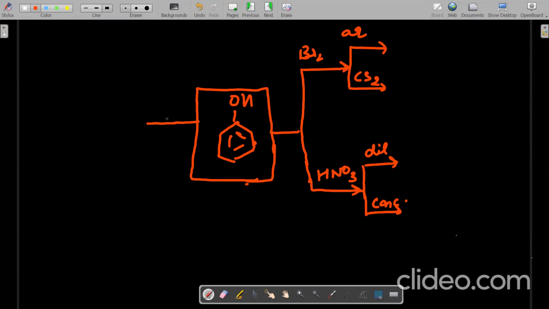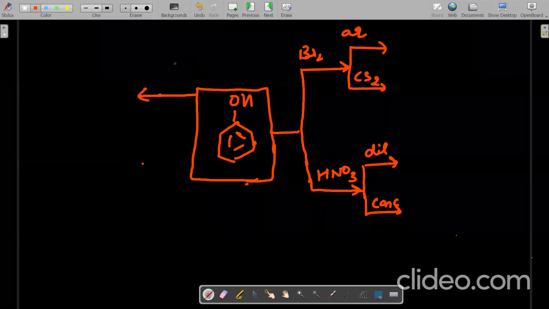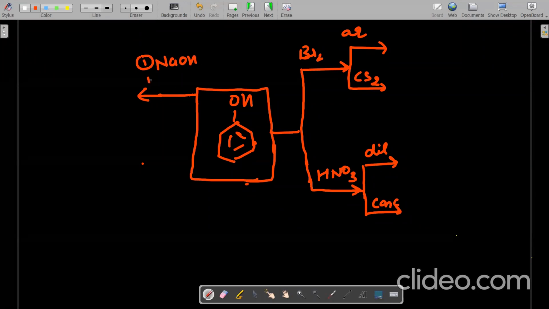The Reimer-Tiemann reaction and Kolbe's reaction. In the Reimer-Tiemann reaction, what reagents did we take? NaOH first, then chloroform, CHCl3, and then H plus.